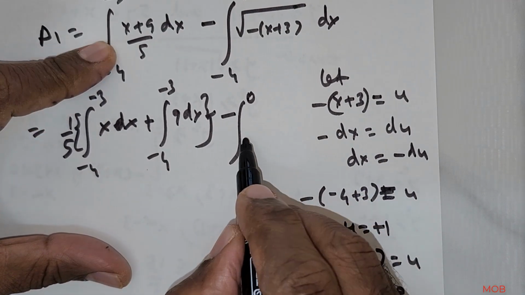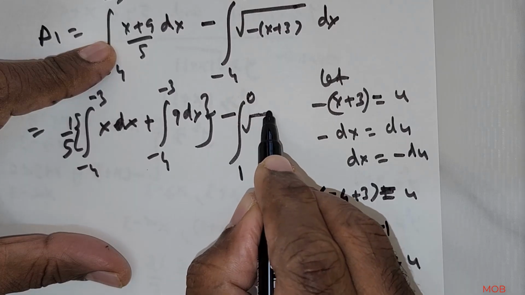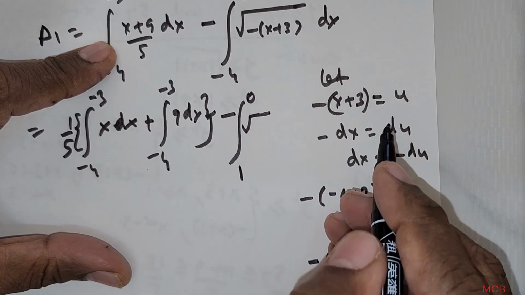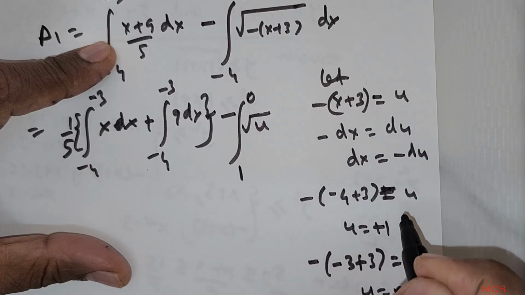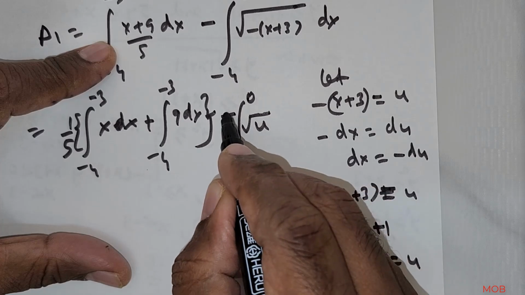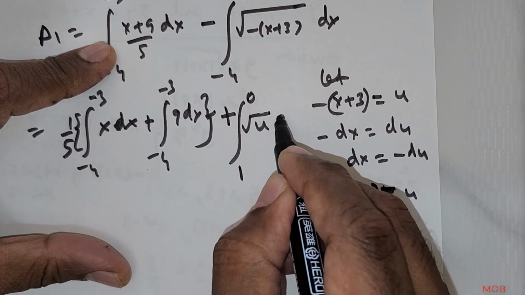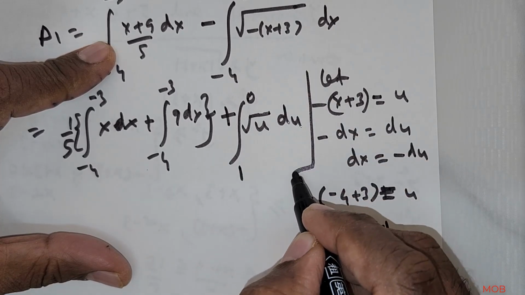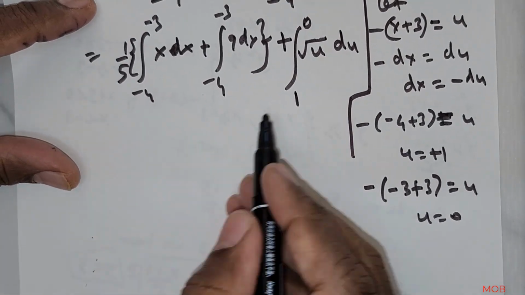And this is going to be square root of negative of x plus 3. That's going to be root of u. And my dx has got a negative du, so this is going to become positive du with this substitution.